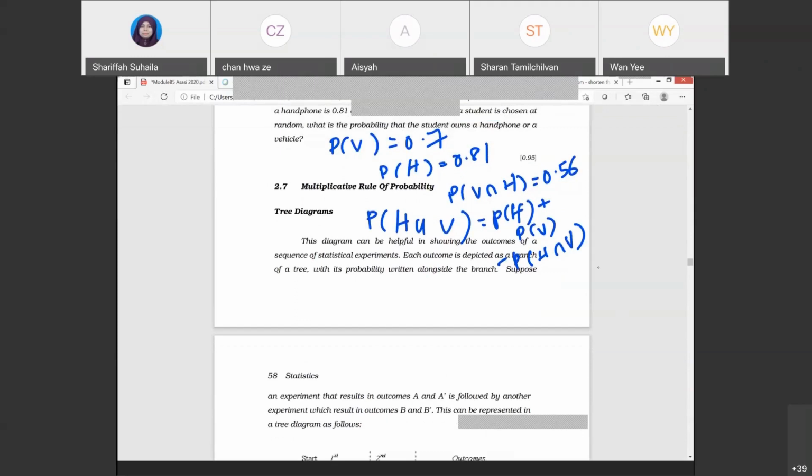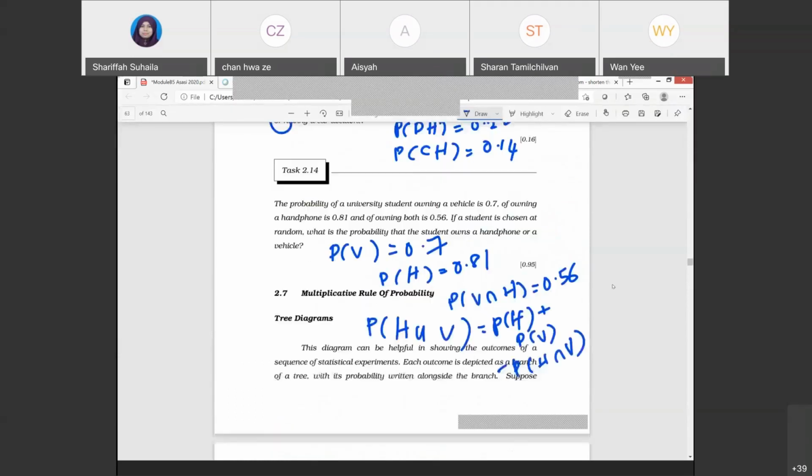So you get 0.81 plus 0.7 minus 0.56, which is 0.95. Okay, so that is the concept for the additive rule of probability.